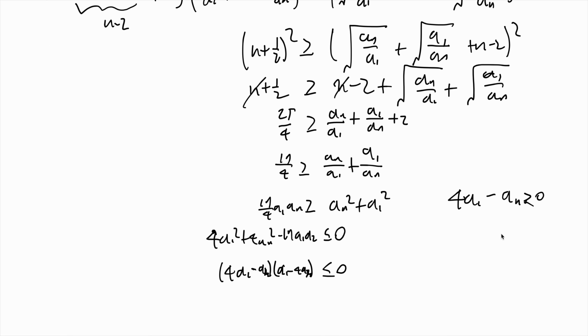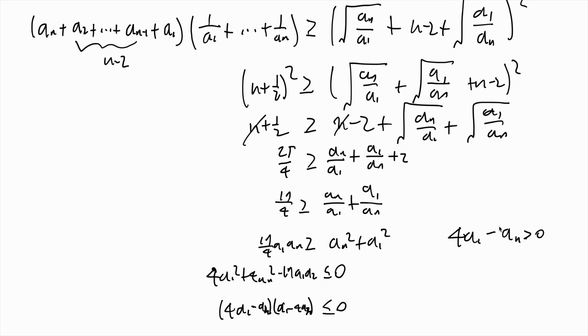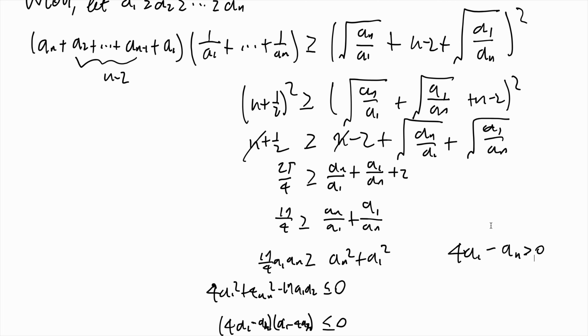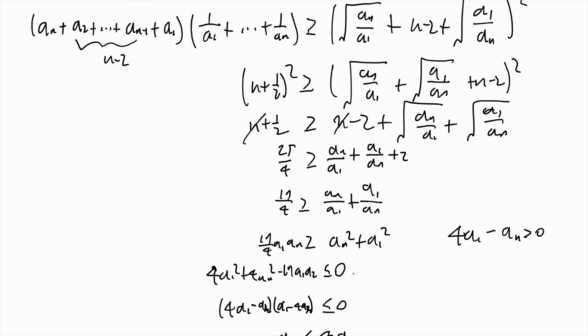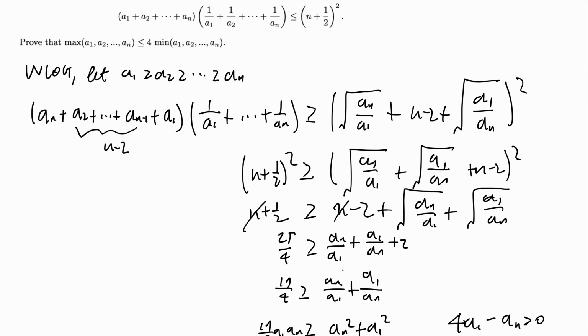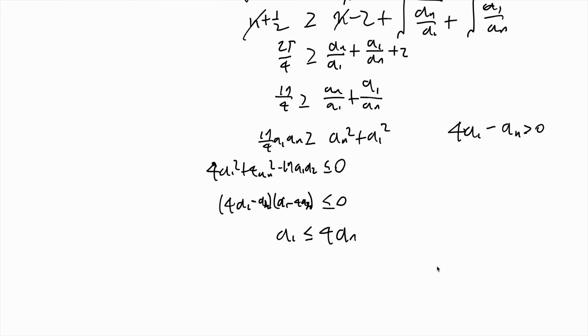It's positive, so that means we can divide this on both sides. So we have a sub 1 is less than or equal to 4 times a sub n. And that proves our prompt.